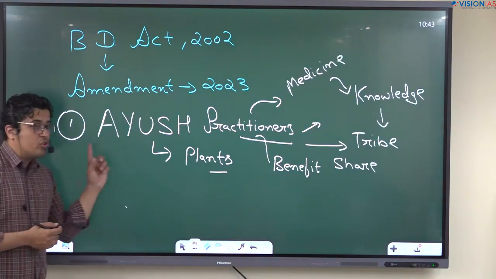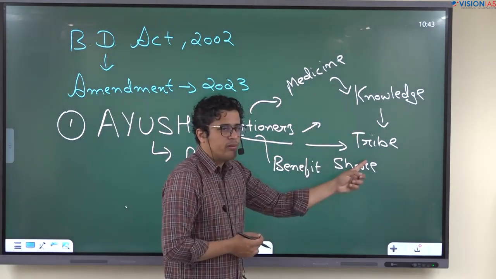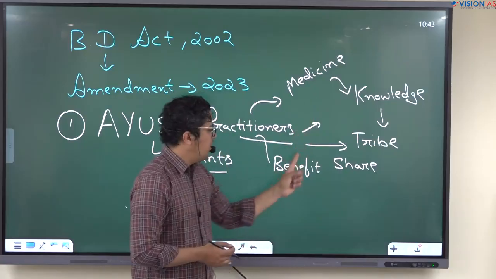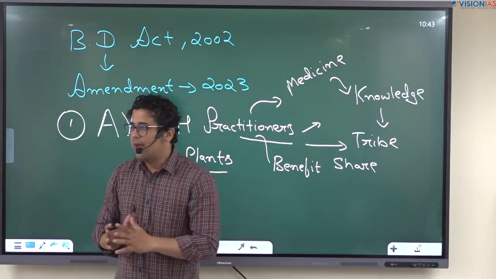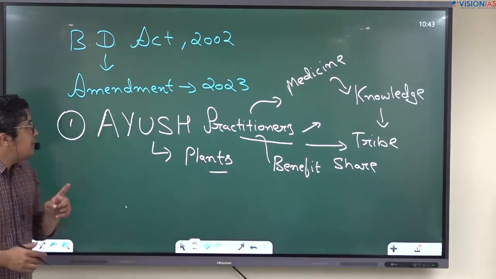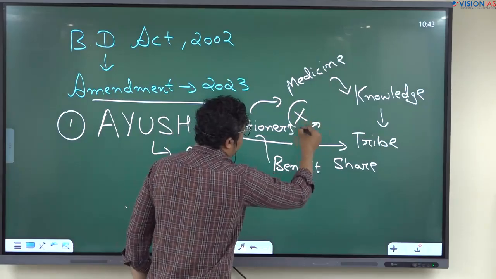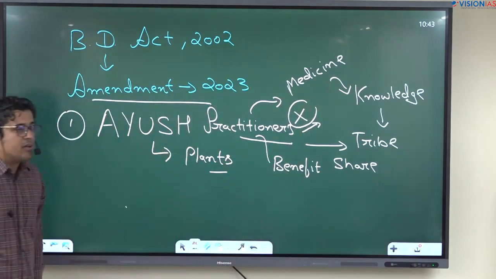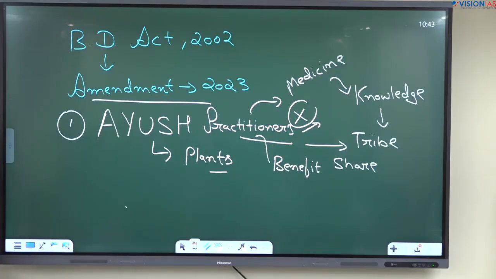So if an Ayush practitioner is using the knowledge of the tribe to make medicines, he should share the benefits. This is what the act says. But the recent amendment has changed this provision, that Ayush practitioners need not share the benefits with the locals.